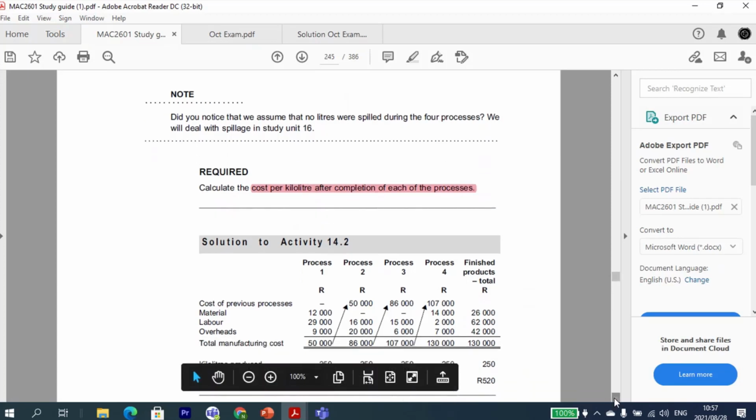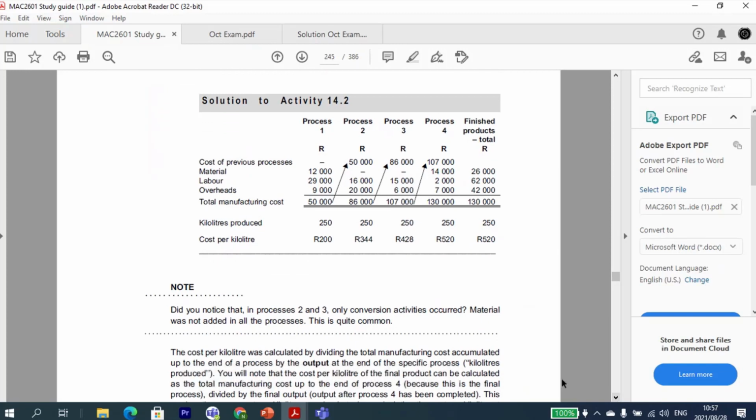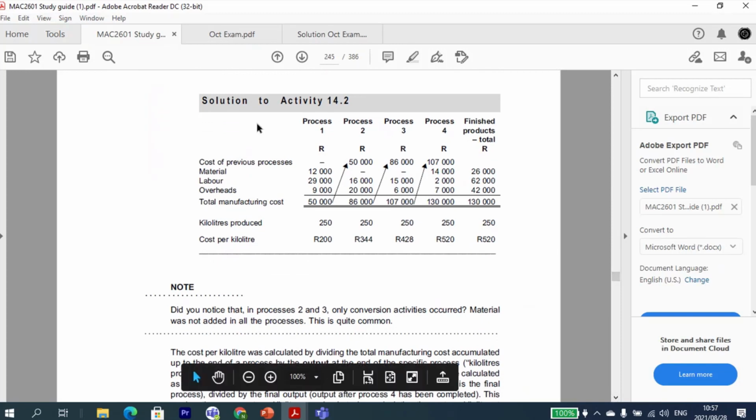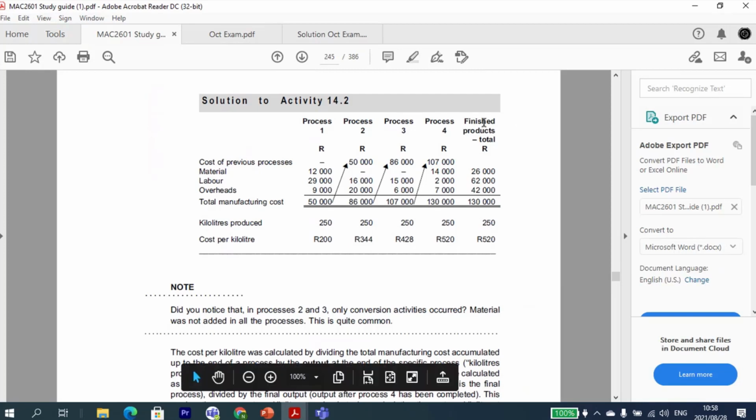So let's look at how it is done. Just the thought process so that you are aware of the difference between single and consecutive processes. Because with single, we only look at one process and then we are done. But then we look at consecutive processes, let's see how it's done. So this is the structure as to how you would try to calculate your cost per kiloliter.